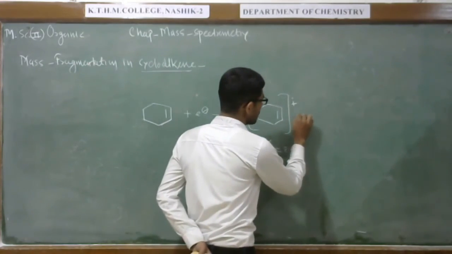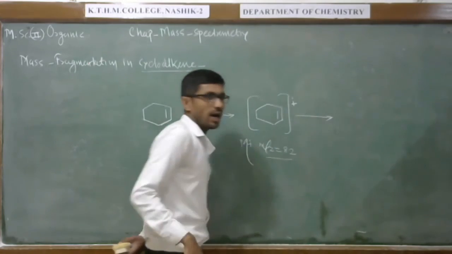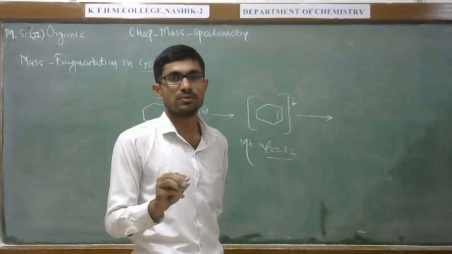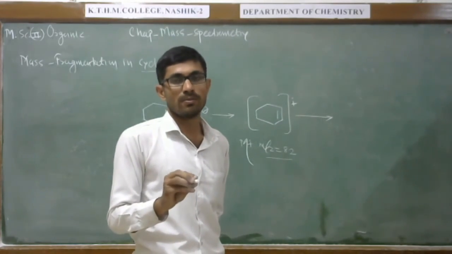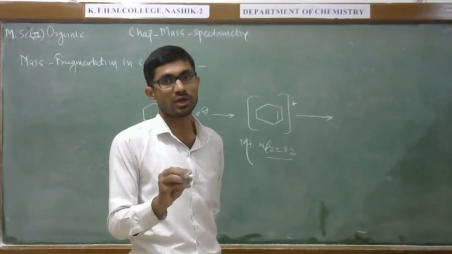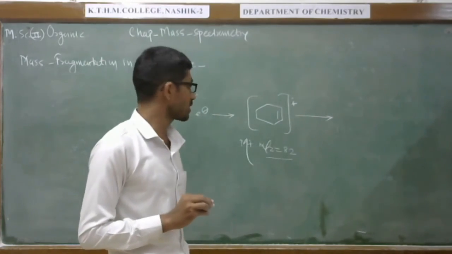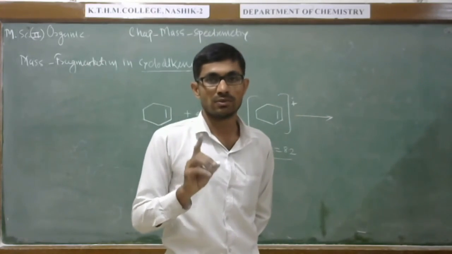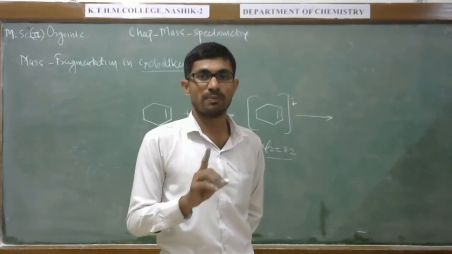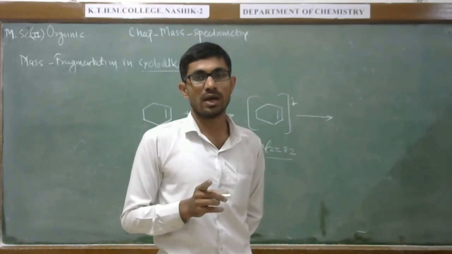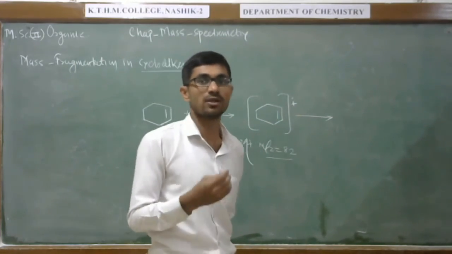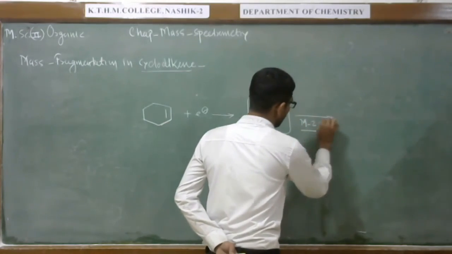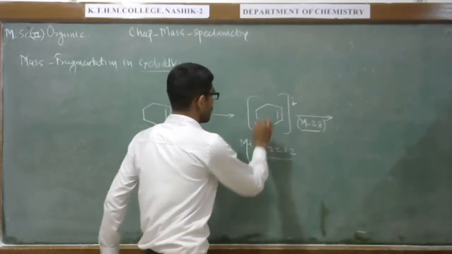So after this, I have told that the cycloalkene compound shows the characteristic mass fragmentation, that is the retro Diels-Alder reaction. You know the retro Diels-Alder reaction. In the retro Diels-Alder reaction, there is simultaneous breaking of two sigma bonds and the loss of M minus 28, meaning loss of an ethylene molecule. So M minus 28 we can observe in that. So like this.